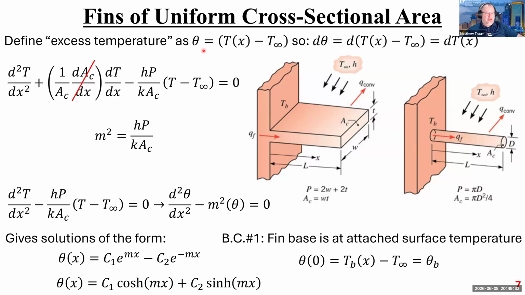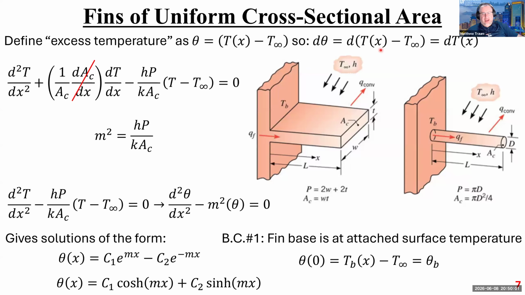So we're basically going to define this thing called theta, and theta is the temperature difference between whatever the temperature happens to be at a particular X spot and the ambient temperature. The key thing is if we take a spatial derivative of theta with respect to X, which is this d theta, we get the derivative of these temperatures that are on the inside.